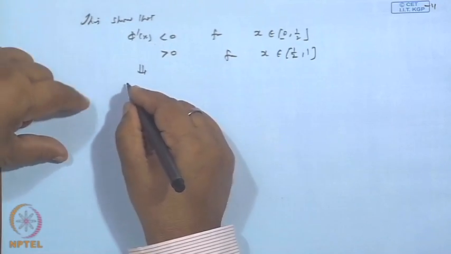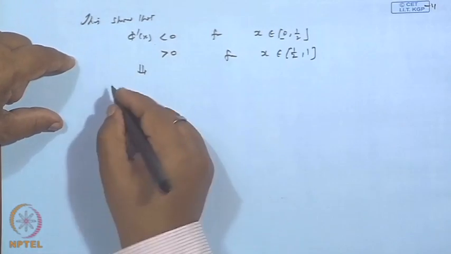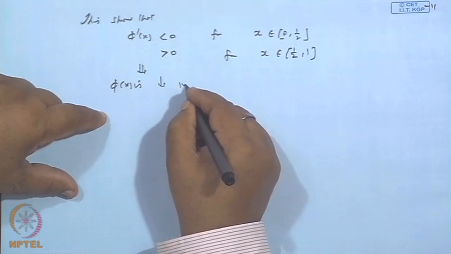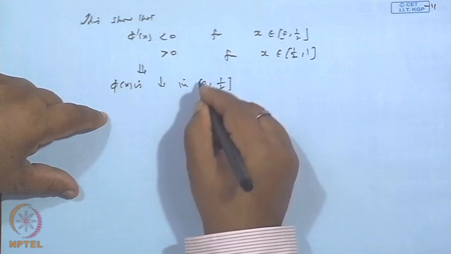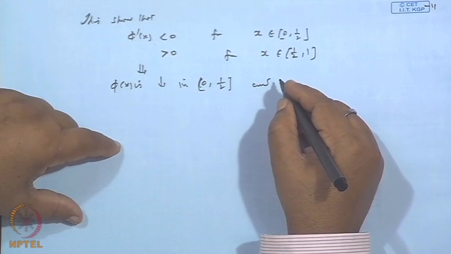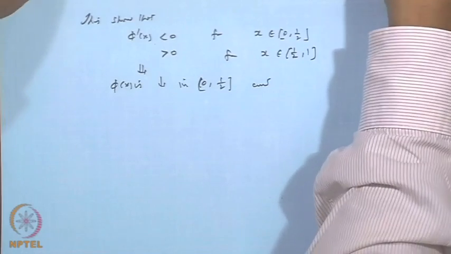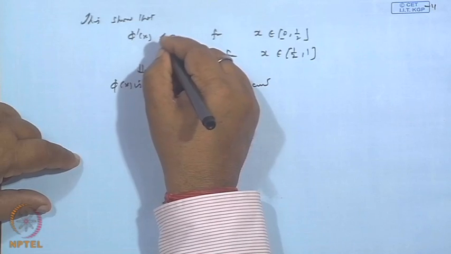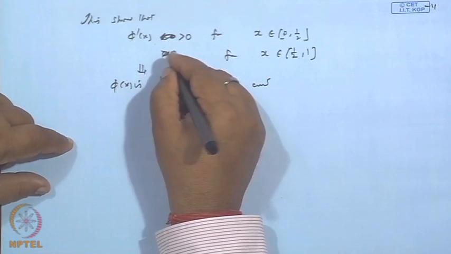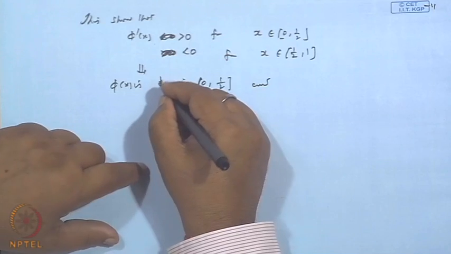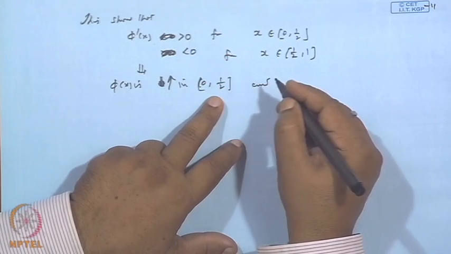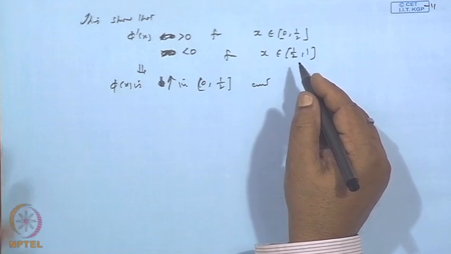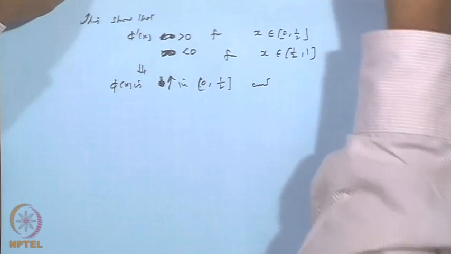Therefore, our function phi is decreasing in the interval 0 to half and increasing. No, it's wrong. It's the other way around. Sorry, it's the other way around. This is greater than 0 in this interval, and this is less than 0. So this is an increasing function in the interval where it is positive.